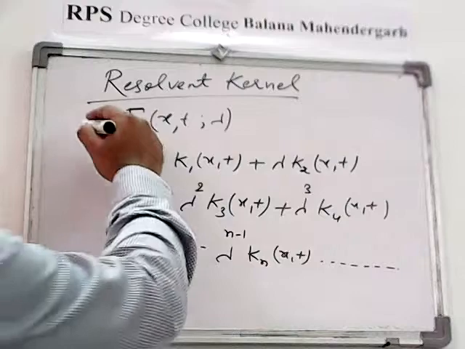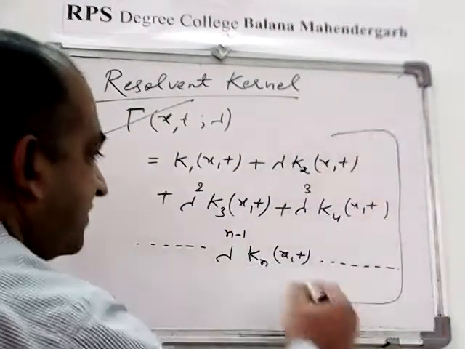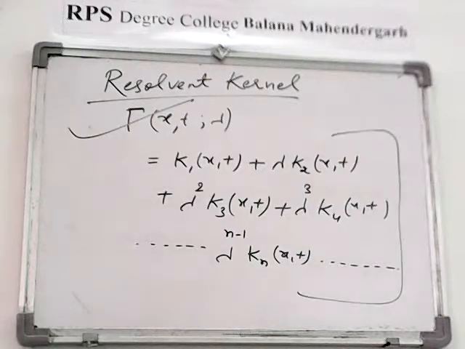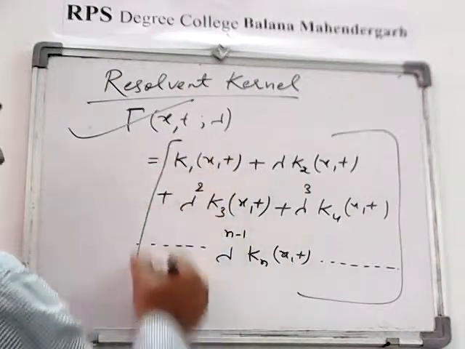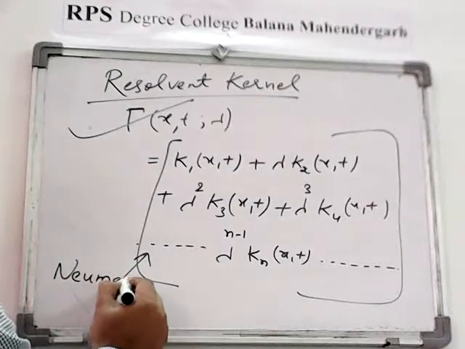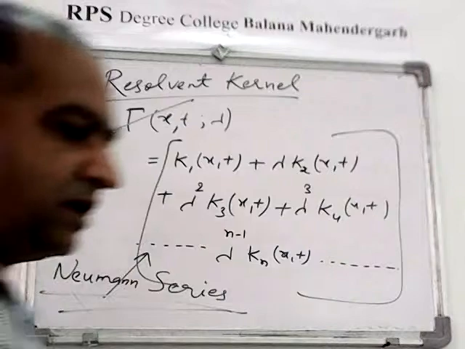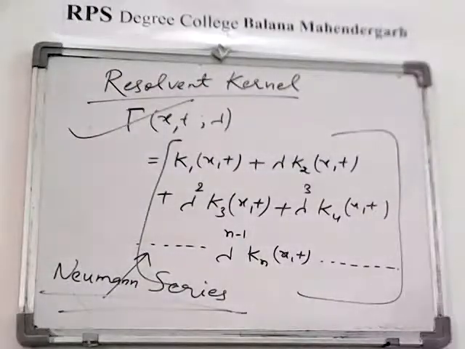This is the symbol for the resolvent kernel, and its value is given by this series. And this series is also known as the Neumann series, the series used to find the resolvent kernel.